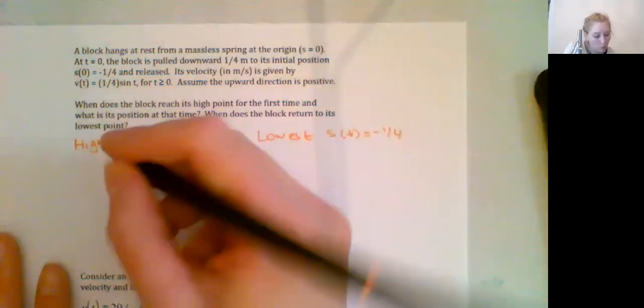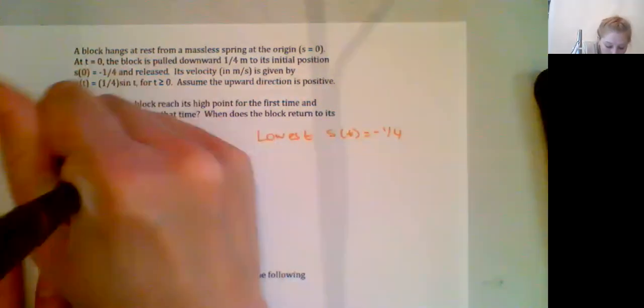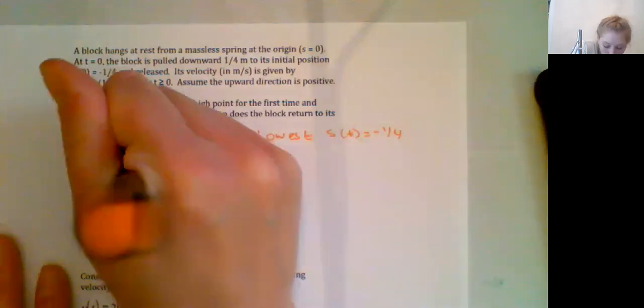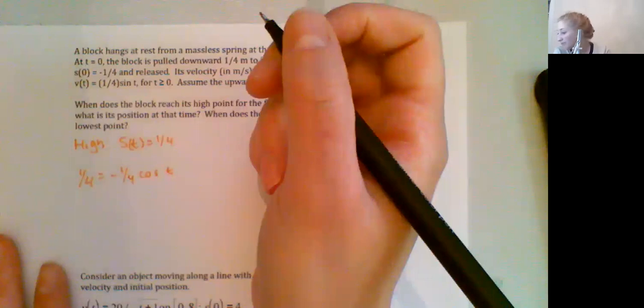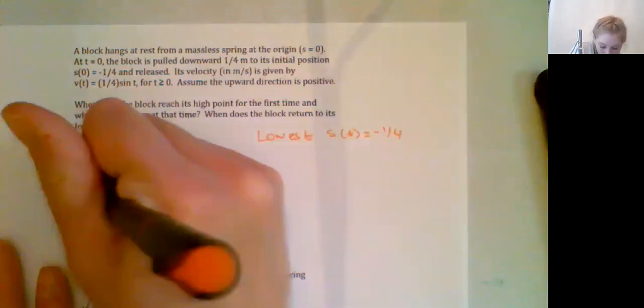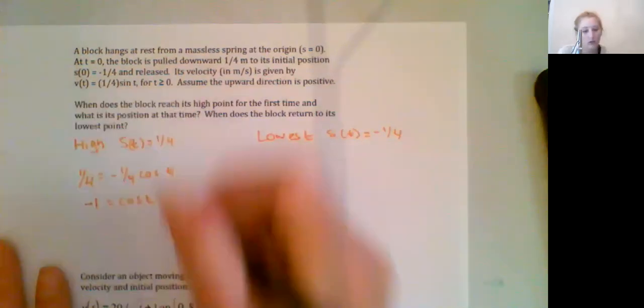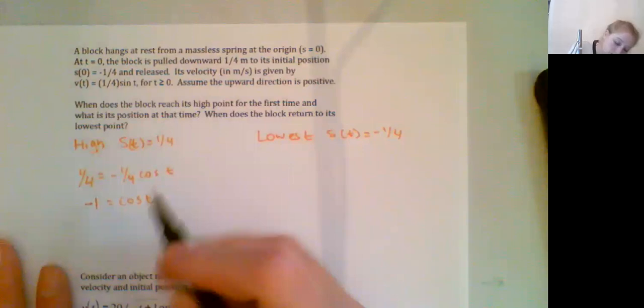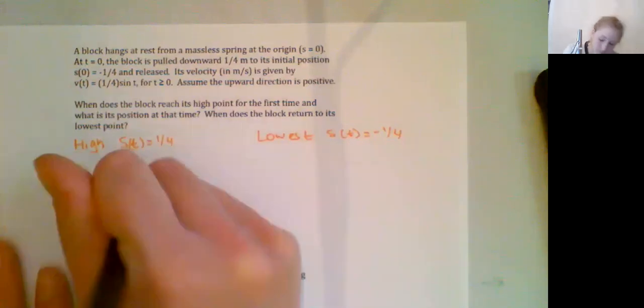Okay, so what we're essentially going to do is we're going to say 1/4 equals negative 1/4 cosine of t, and we're going to solve for that time. So I'm going to divide by negative 1/4, which is going to end up giving me negative 1 on this side. And where is cosine equal to negative 1? And the answer is at pi.